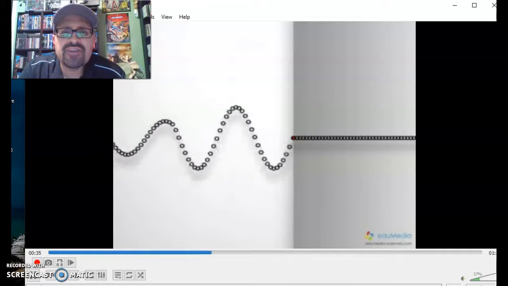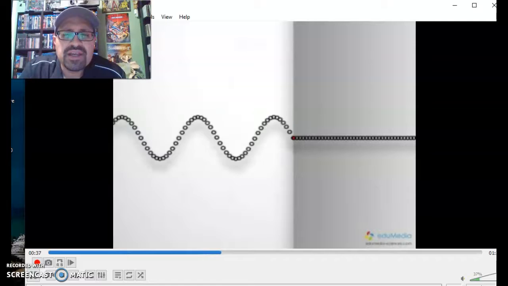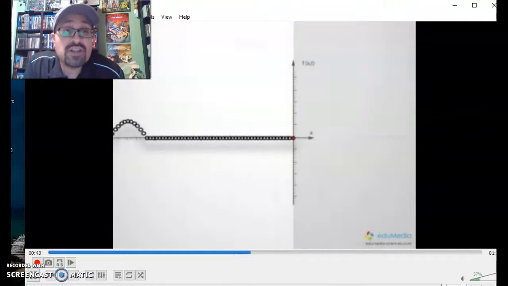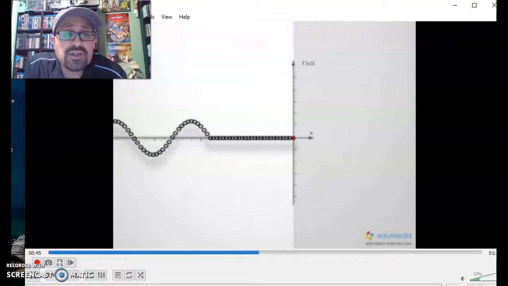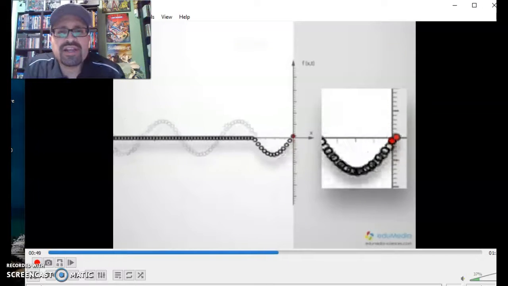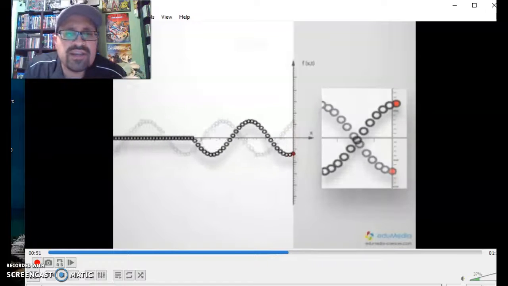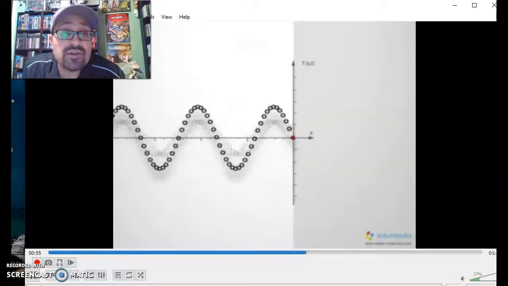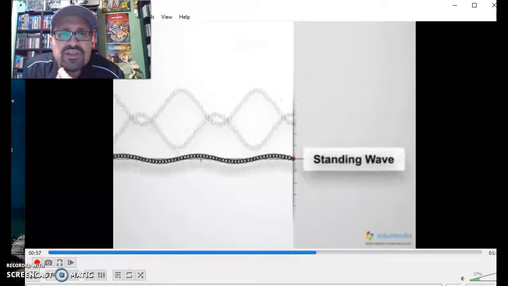What we have here is a fixed end reflection from a progressive wave. And what we would see, if you watch a guitar string, you can actually see it do this with a high-speed camera. What you'll see is that the reflected wave is interacting with the incident waves. And as a result, we know that waves interact with each other through superposition.